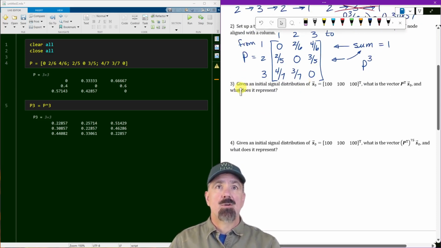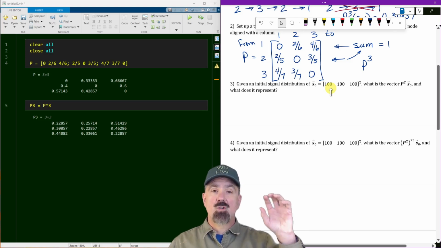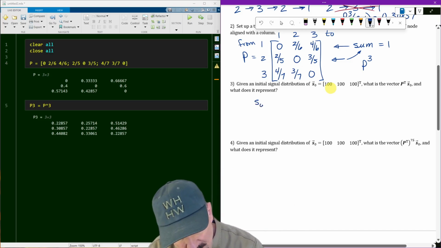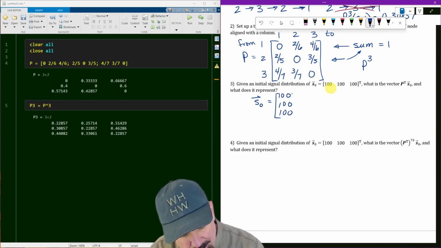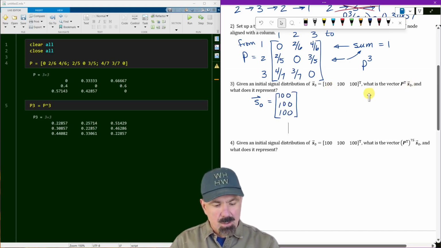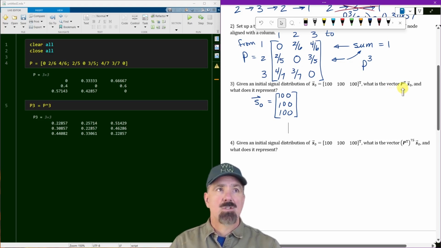Now what we want to do is, it says given an initial signal distribution of 100, 100, 100. So we're starting with this initial distribution of signals, and it's going to be 100 in each entry. And the question is, what is the p transpose times s naught, and what does it represent?